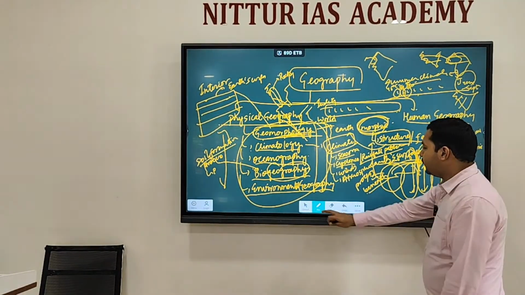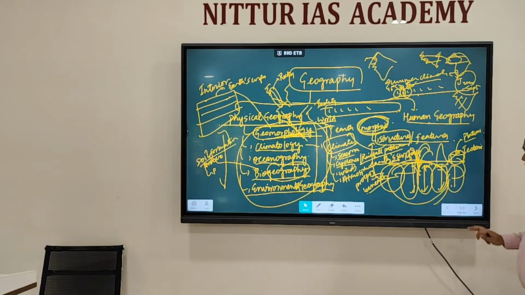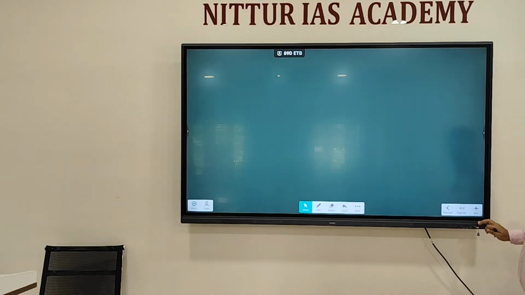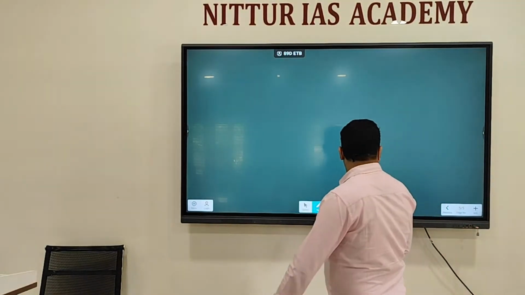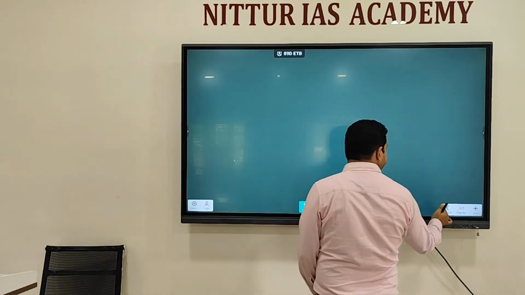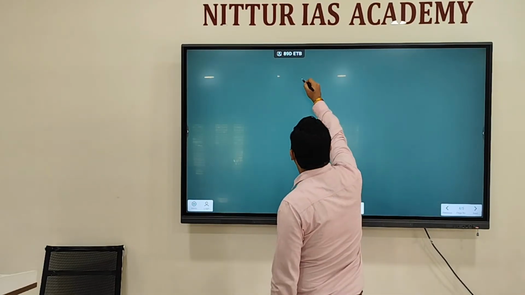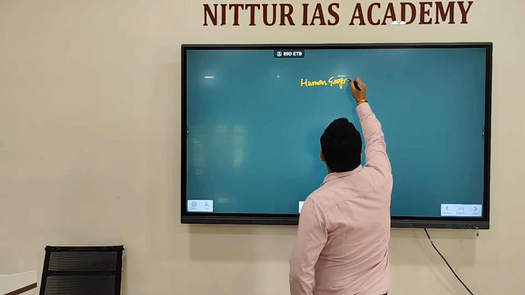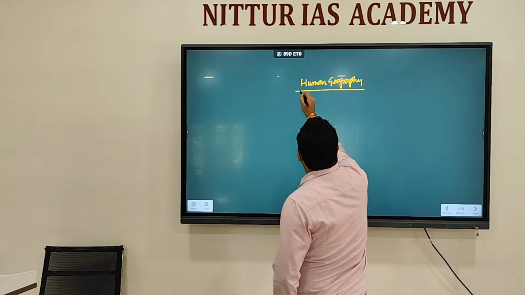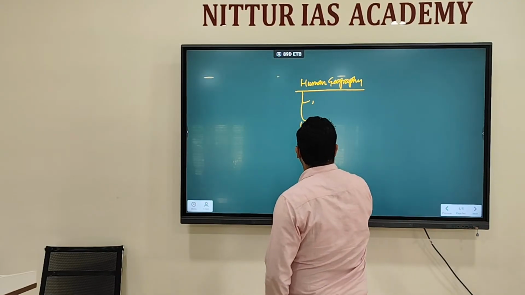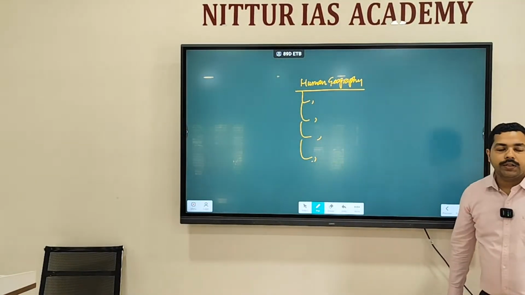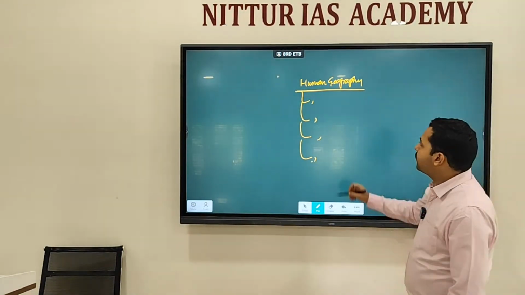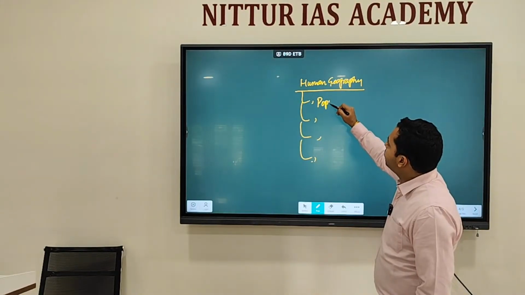Now the next thing is the human geography part. What are you going to study in human geography? As the name indicates, human. Human means what? First, you are going to study about population.